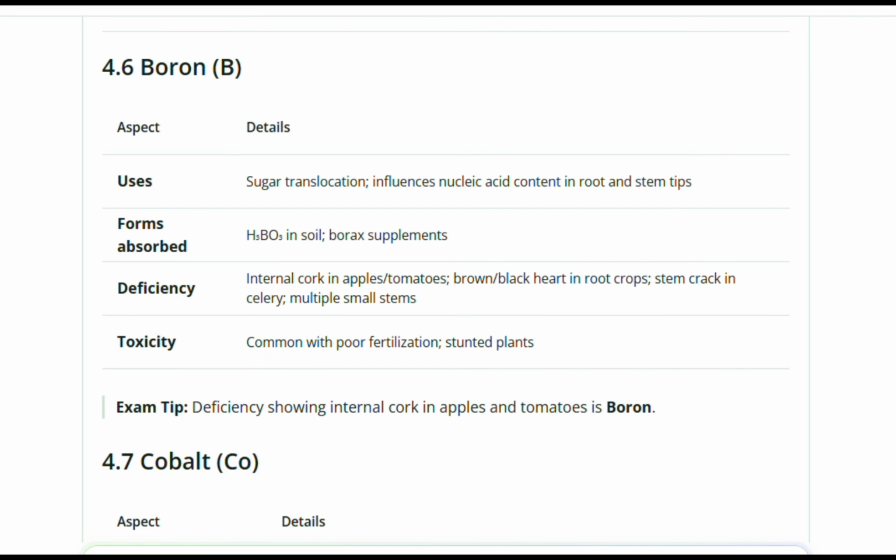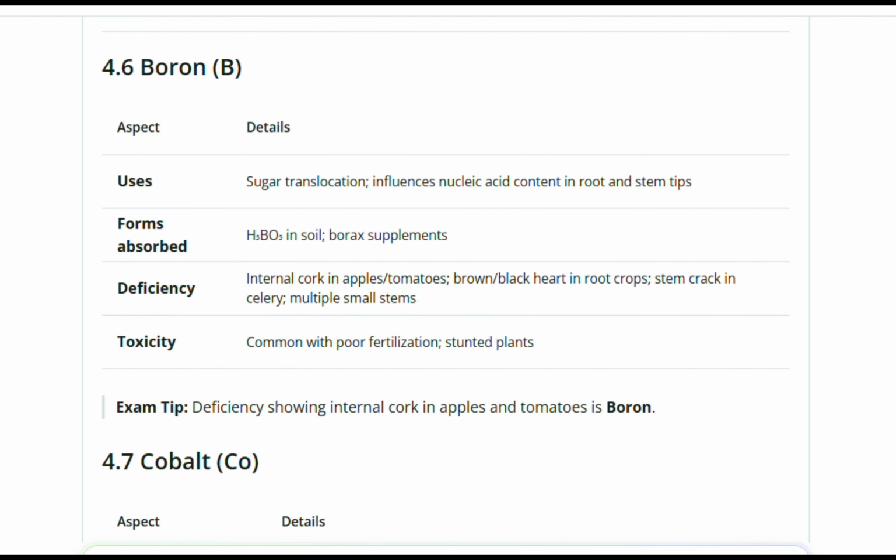Boron aids sugar translocation during carbohydrate metabolism. It influences nucleic acid content at growth tips of roots and stems, right?